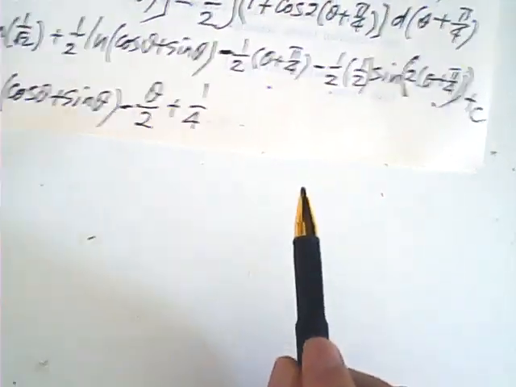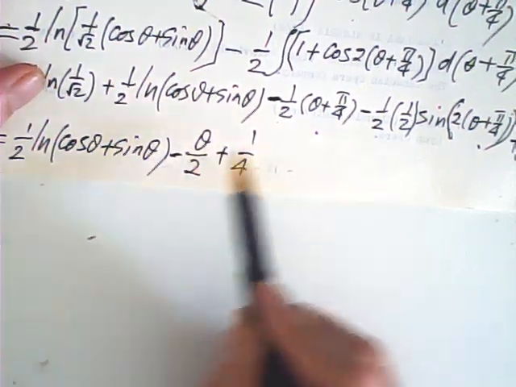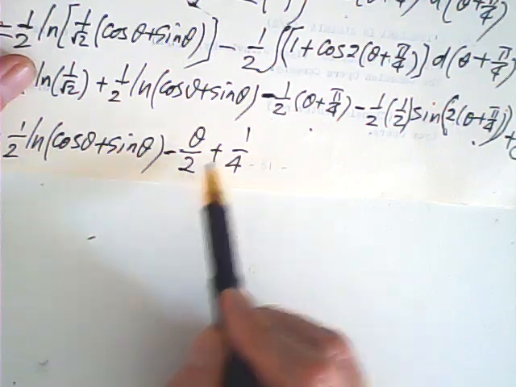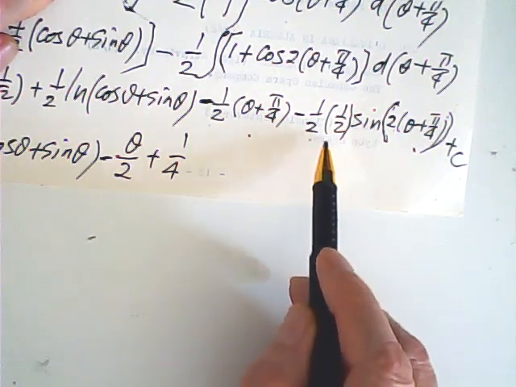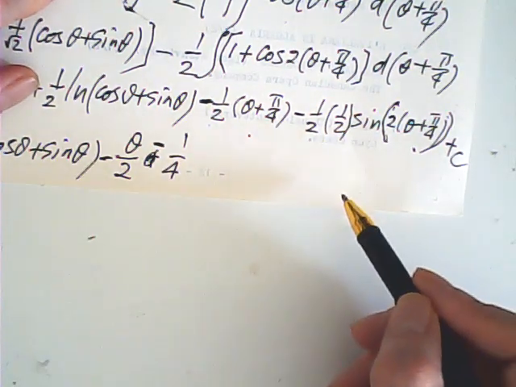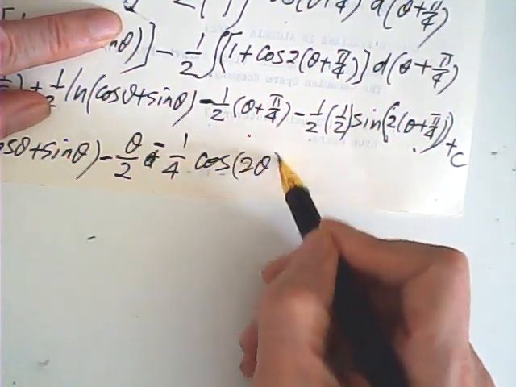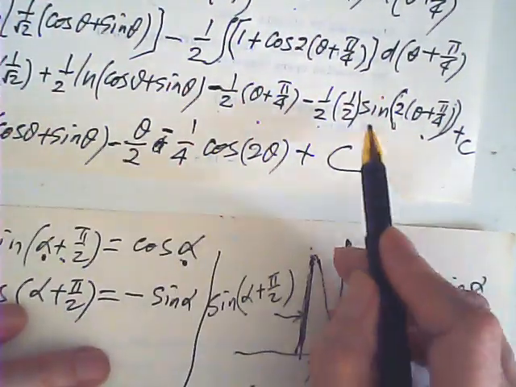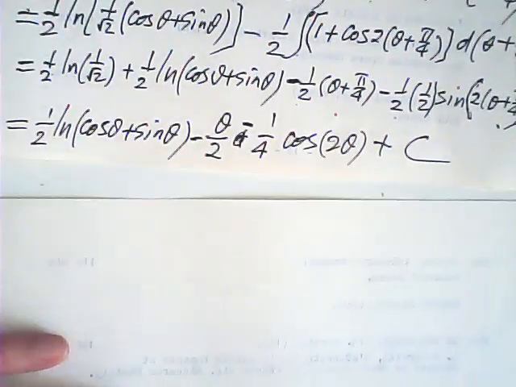Now let me check it again. This goes to C. This one is here. This one times this one is negative. This time this one goes to C. And this is negative quarter pi, right? Negative quarter. This is a cosine 2 theta here plus c, right? This one is positive cosine. Okay, good.